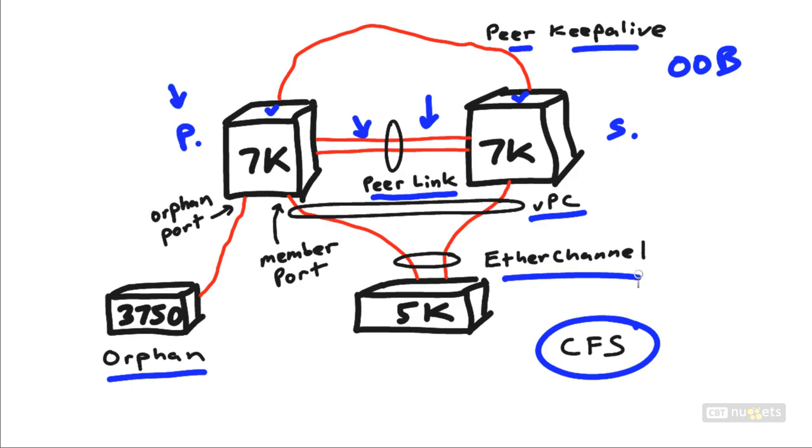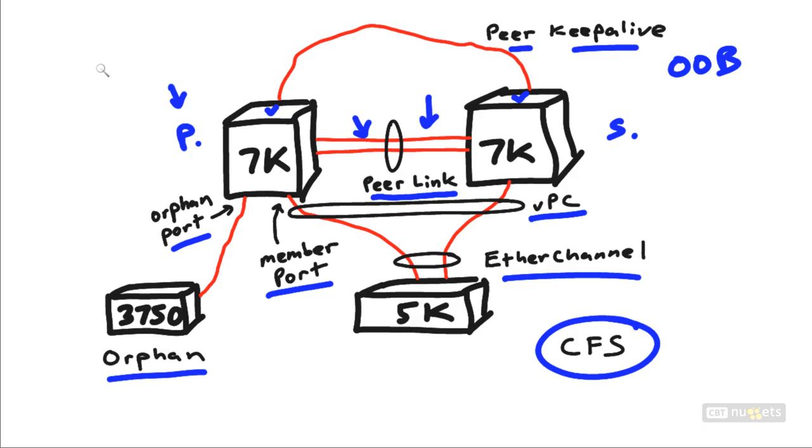It's just got an ether channel bundle, but the magic happens upstream with the virtual port channel technology. And obviously, when you have a particular port that's participating in a virtual port channel, we refer to this port as a member port. We contrast this to a port that's connecting out to some device that's not participating in the virtual port channeling, and we call that an orphan port.